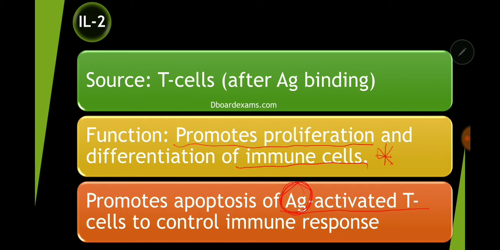Interleukin 2: the source of interleukin 2 is the T cells after the T cell binds an antigen. The function of interleukin 2 is to promote proliferation and differentiation of the immune cells. It also promotes the apoptosis of the antigen-activated T cells to control the immune response.